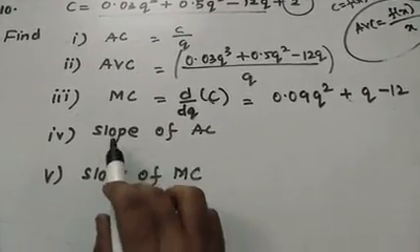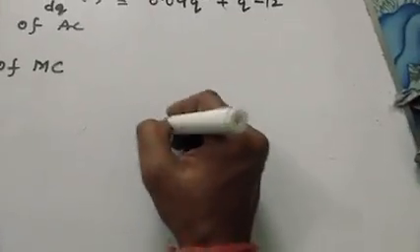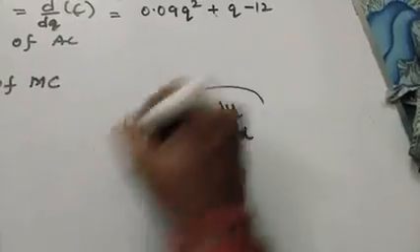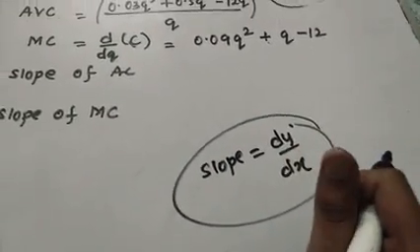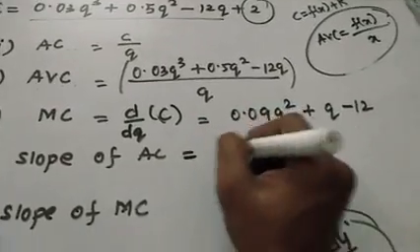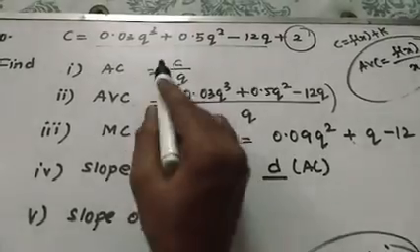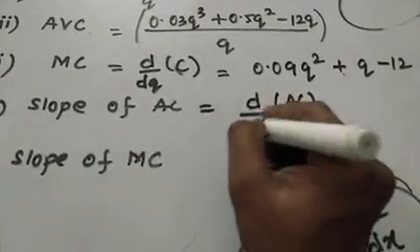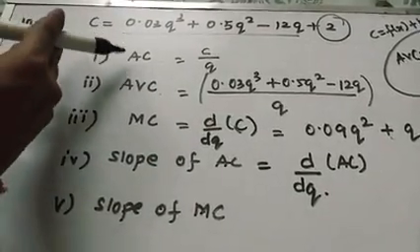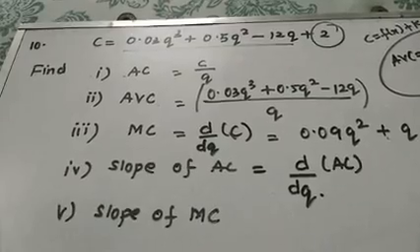Now the next one, slope of average cost. In the chapter of derivatives, we have said slope means derivative dy by dx. So slope of average cost is nothing but differentiating your average cost with respect to the output. What is the output here? Q. Whatever average cost you got from part 1, just put it here and find its differentiation.